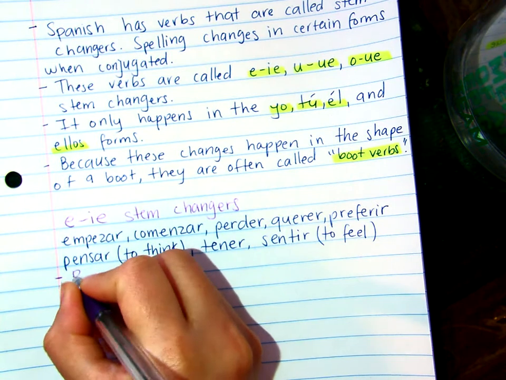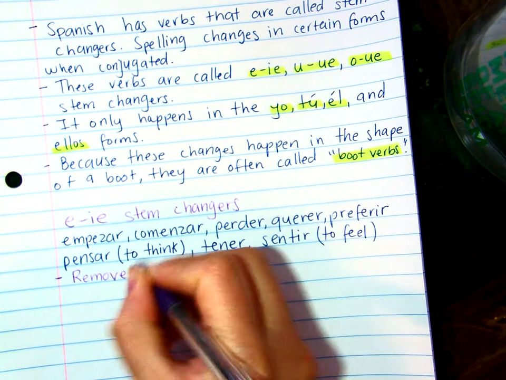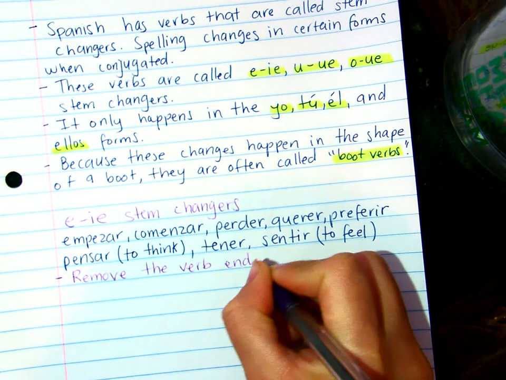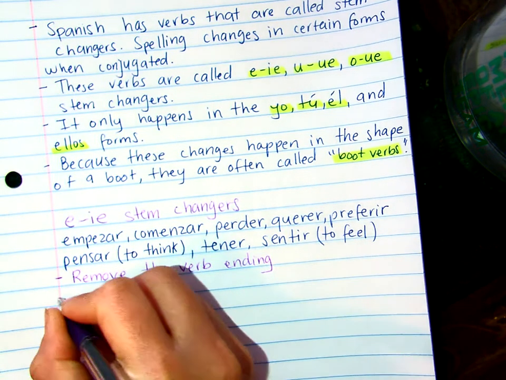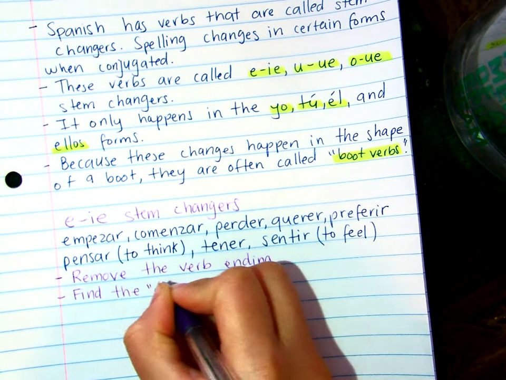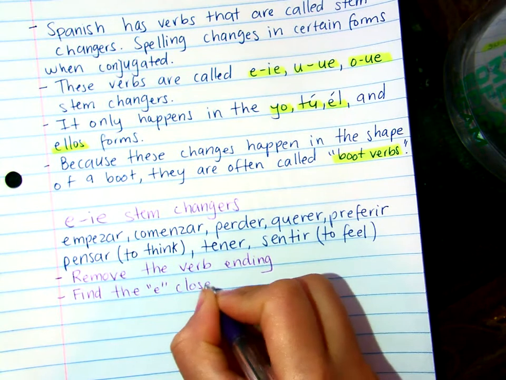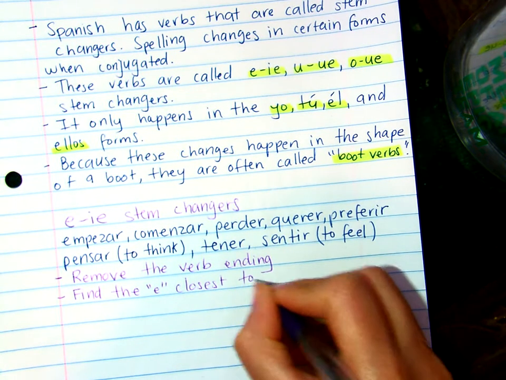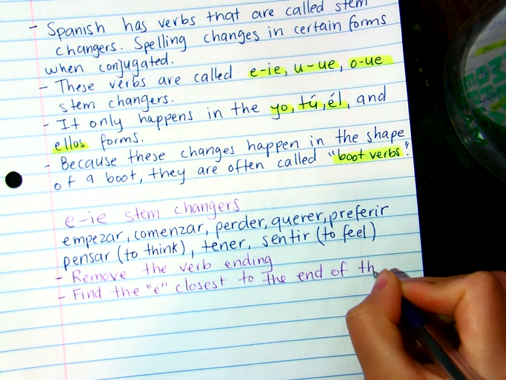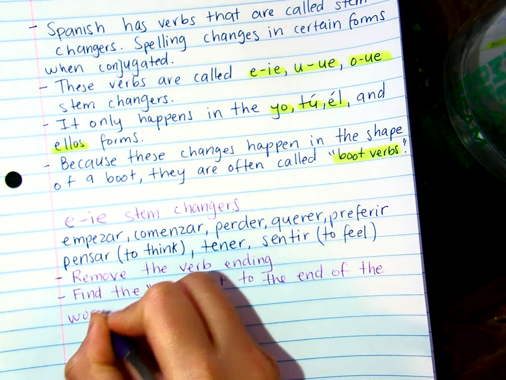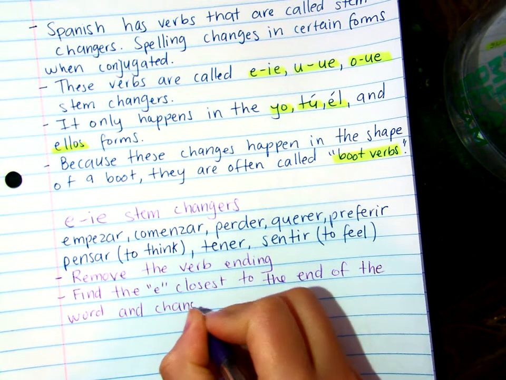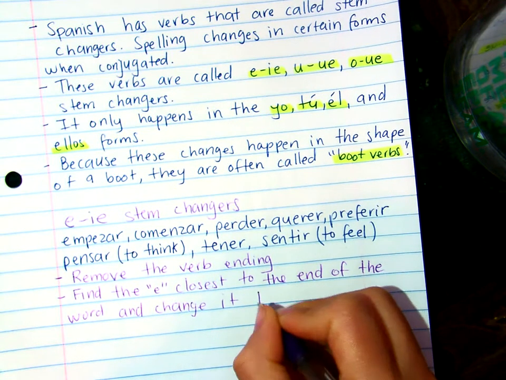So what you need to know is this. First thing you need to do is remove the verb ending. Then find the E closest to the end of the word and change it to an IE.